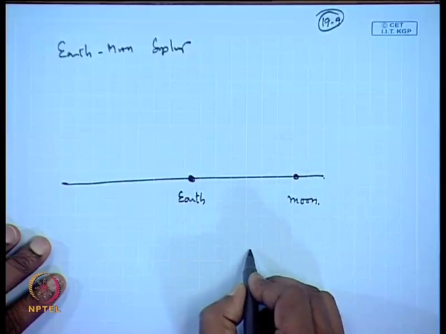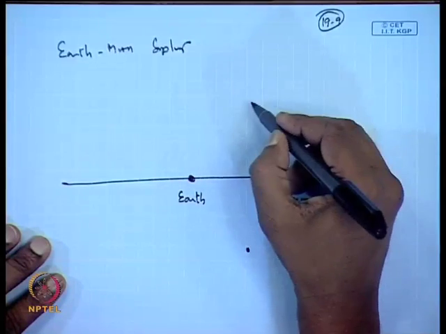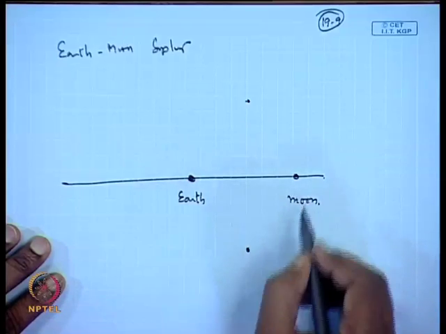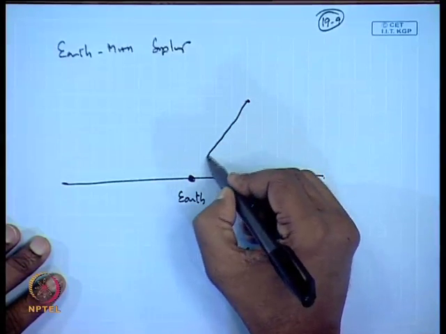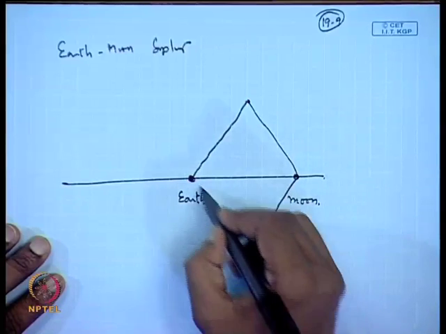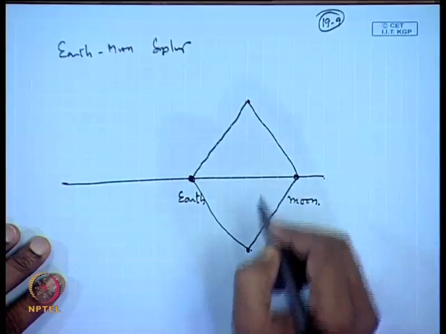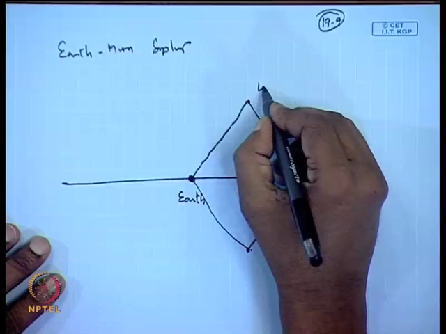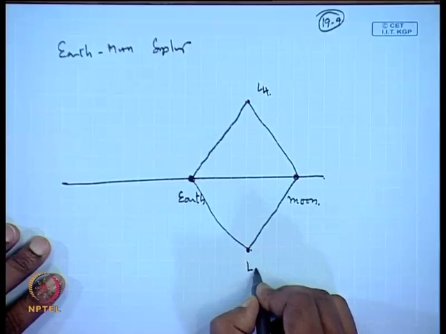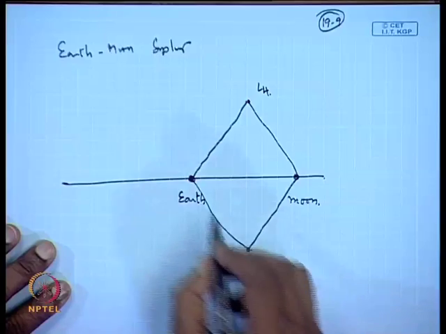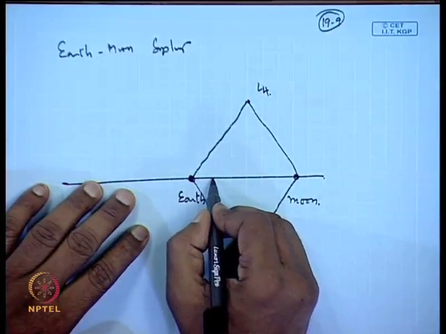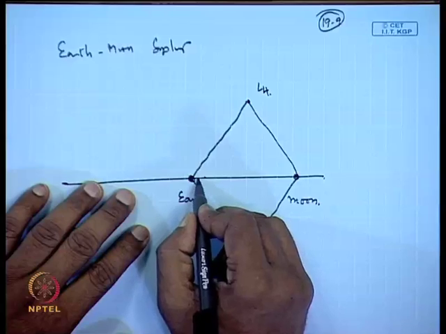So, L4 and L5 together make an equilateral triangle with respect to the earth and moon. So, we have the equilateral triangle which is present like this. This is our L4 and this is L5. Okay. And if you remember, the barycenter is lying very close to the earth.